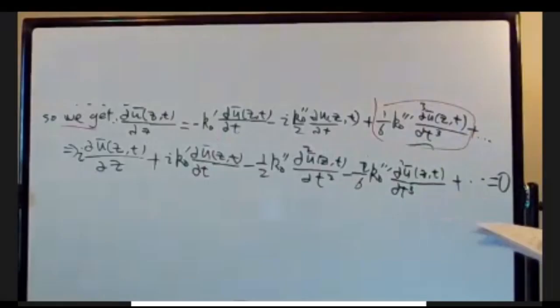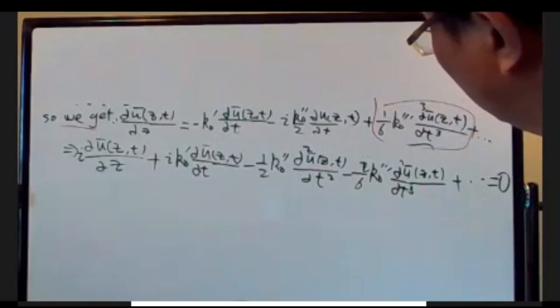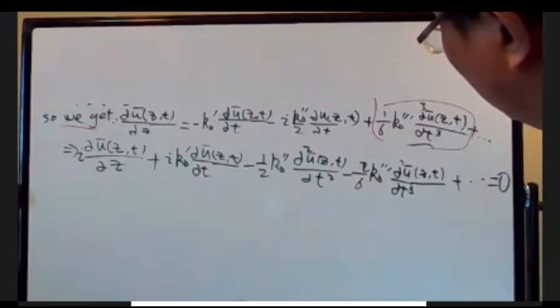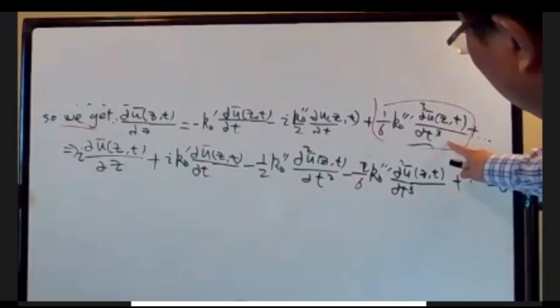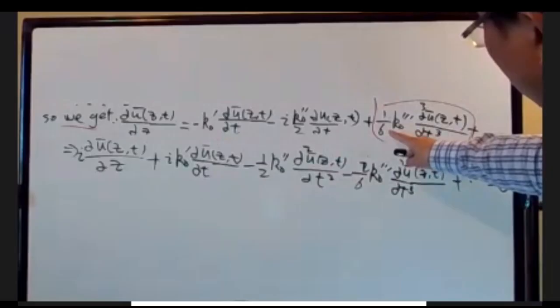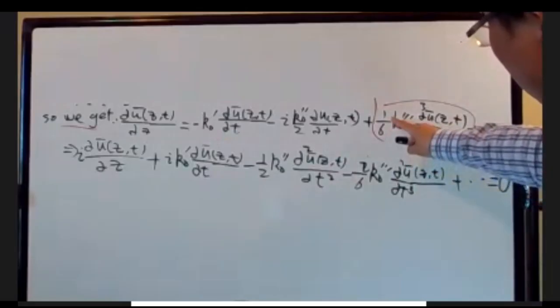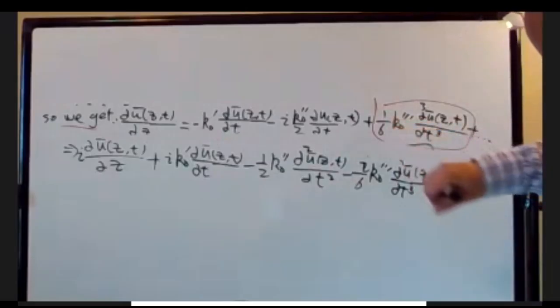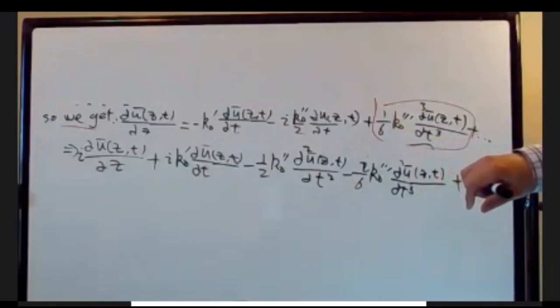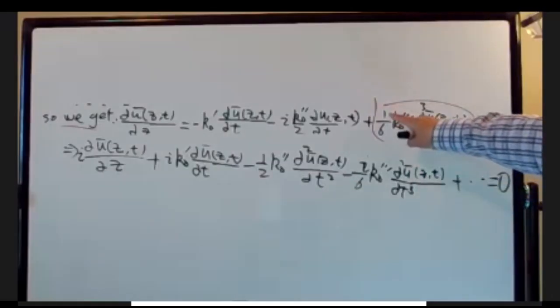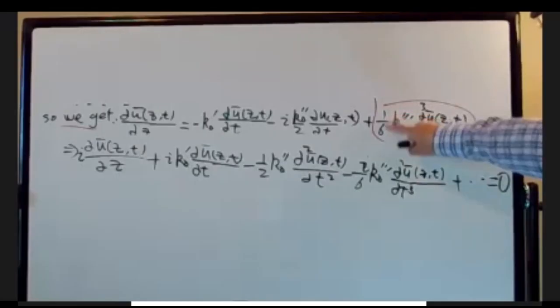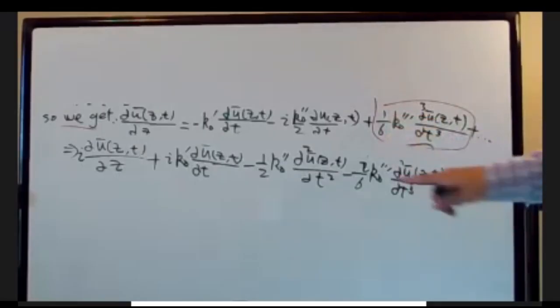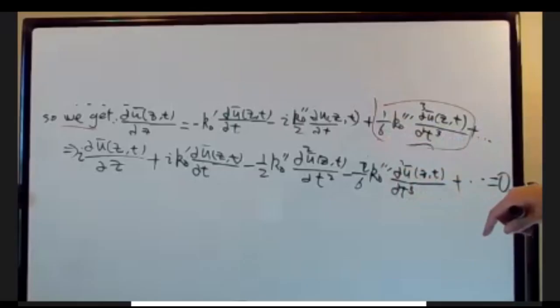I also have a question. When we derived the last equation, we ended up getting the part that's circled in red right now, i/6 times k triple prime, but you just have 1/6 written there. So when you add in the second i on the next line, wouldn't the i's cancel out? There is no i here, actually. It's just 1/6. Just before what you erased, though, you had i/6 written there.